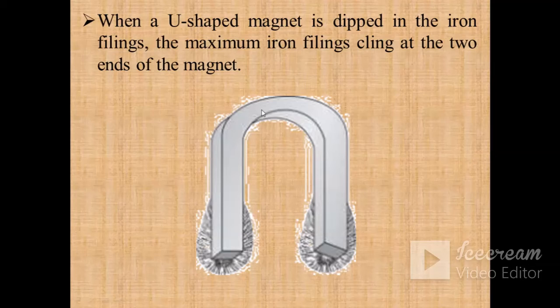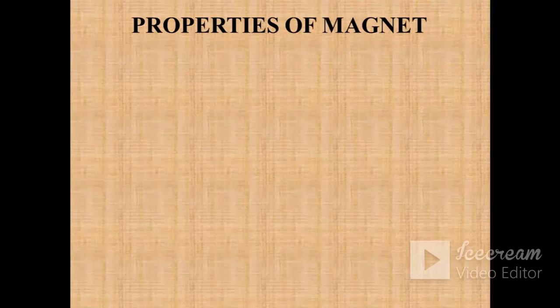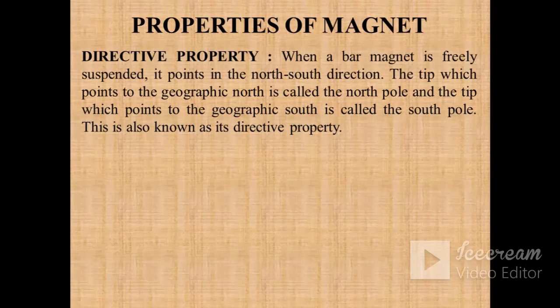Similarly, when you dip a U-shaped magnet in the iron filings, again you will observe that maximum iron filings cling at the two ends of the magnet. So from here we can easily say that at the ends of the magnet, or at the poles, the magnetic field intensity is maximum.